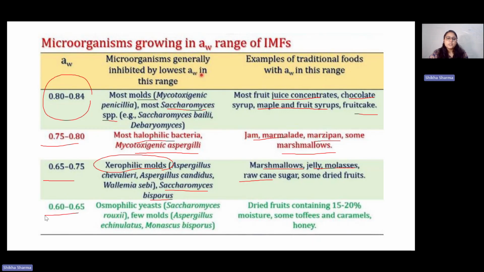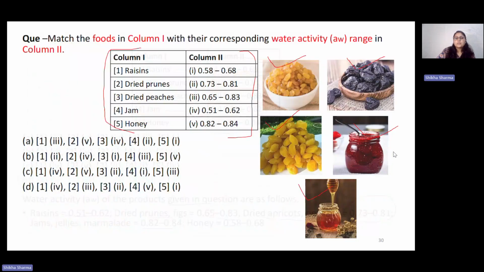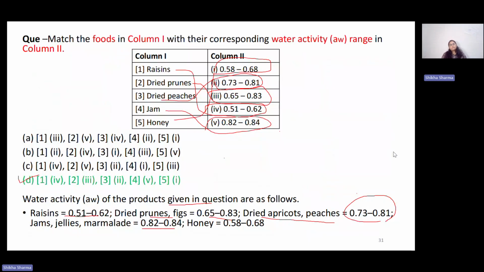And if the water activity is around 0.6 to 0.65, osmophilic yeasts like Saccharomyces rouxii, or molds like some species of Aspergillus, can grow in dried fruits containing 15 to 20% moisture, or some toffees, caramels, or honey. So here in this question, we matched the different food products with their water activity levels.